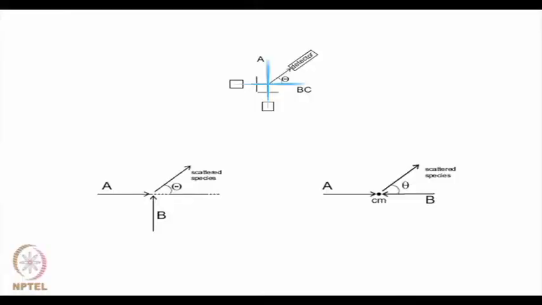That is why the data is plotted, that is, the signal for the scattered species, I mean the flux of the scattered species, is plotted in reference to your center of mass system. Okay. Now, for collision between molecules, the relevant kinematics are defined by their motion relative to one another.